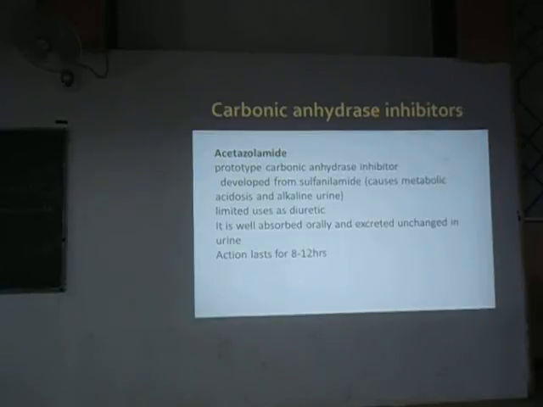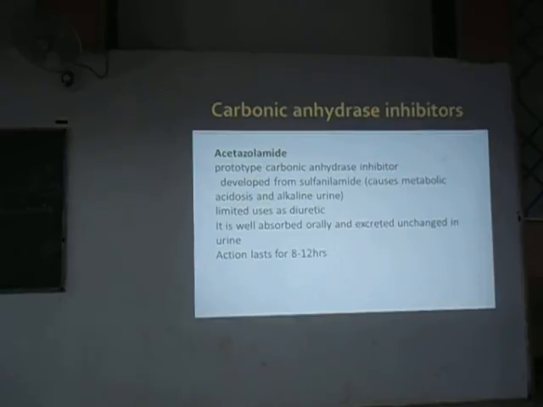The next group of drugs is acetazolamide, the carbonic anhydrase inhibitors. In the previous class, the first topic I took was the action of this carbonic anhydrase enzyme. Acetazolamide is the prototype carbonic anhydrase inhibitor, developed from sulfanilamide. It can cause metabolic acidosis and alkaline urine.